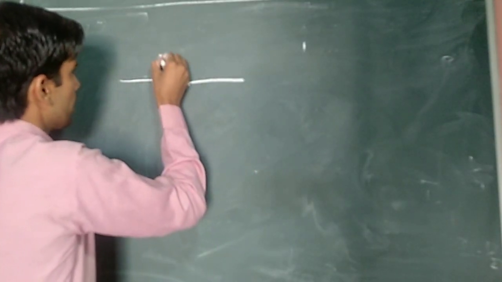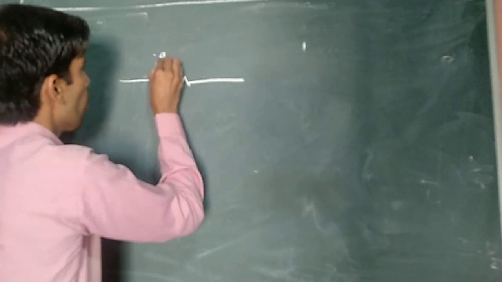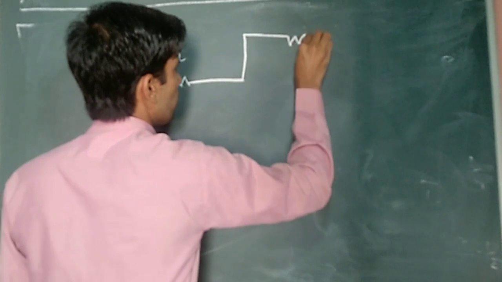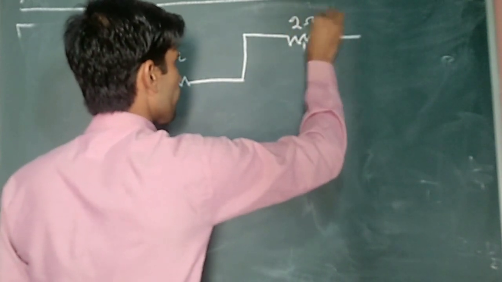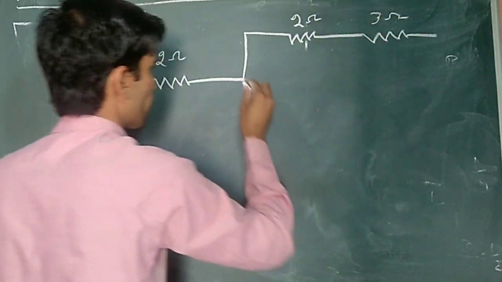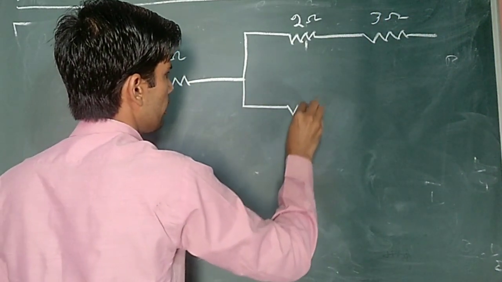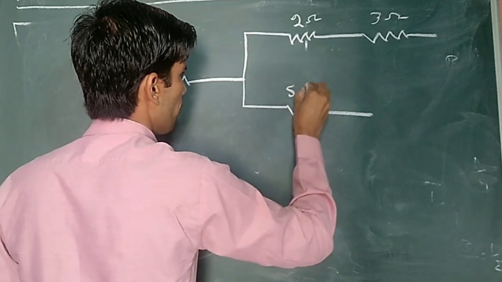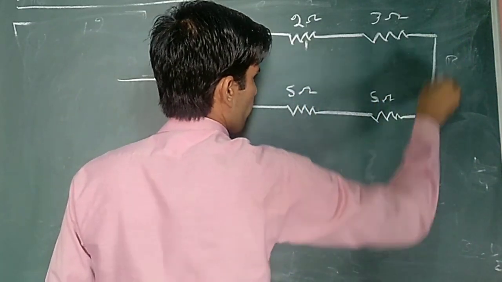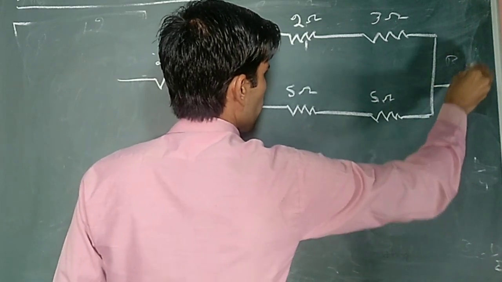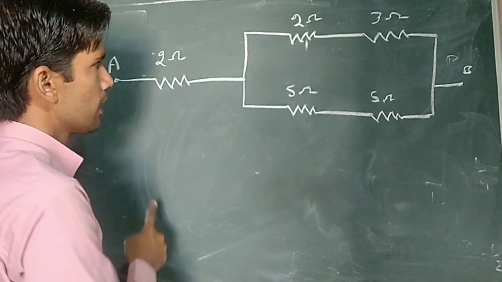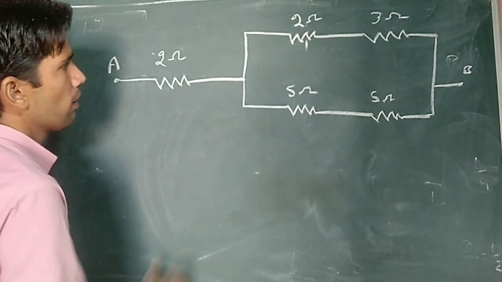Let this be a resistance of 2 ohm, and here another resistance of 2 ohm, and this is 3 ohm, and here another resistance of 5 ohm, and another resistance of 5 ohm. Here this is point B and this is point A. Now what is the effective resistance between A and B?